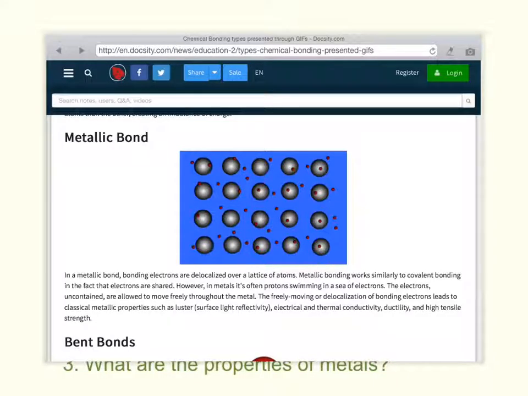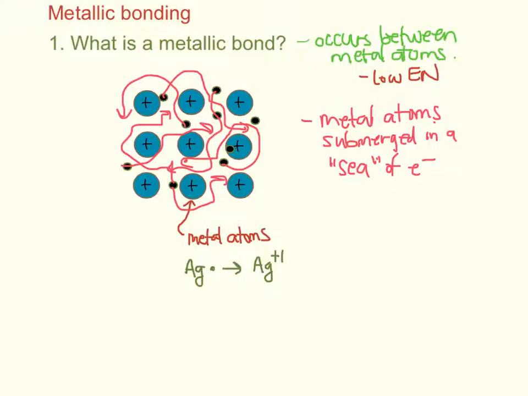All right, so here's a little GIF of metallic bonding. You can see the positively charged metal ions, and then of course the red things are the electrons. You need to understand that for a metallic compound, there is no such thing as a formula. They don't have a real formula.